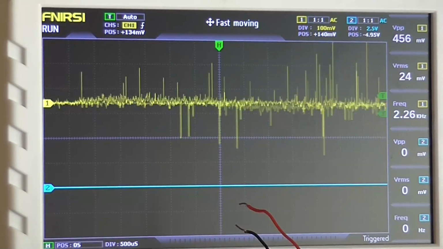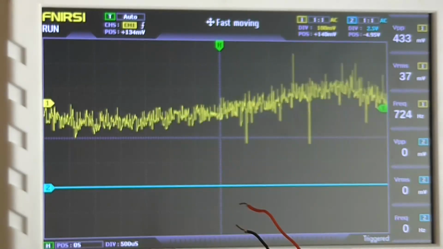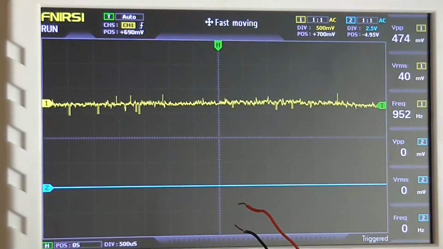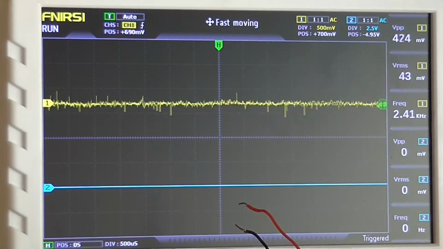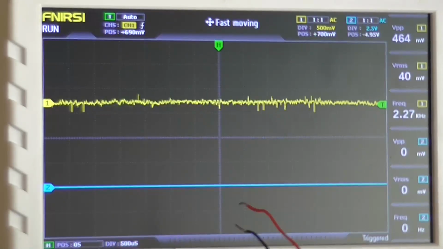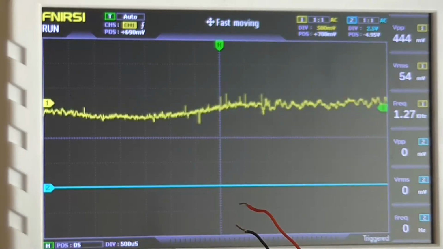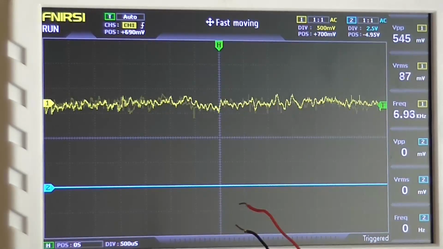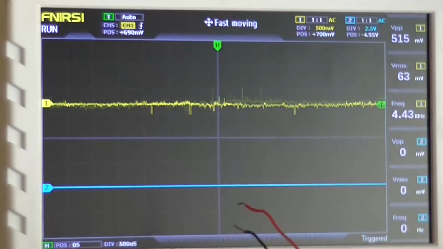Alright, I'm going to play a track. It is coming out. Might turn that down. See if I can get it a little bit louder than that. Now that's fairly loud.